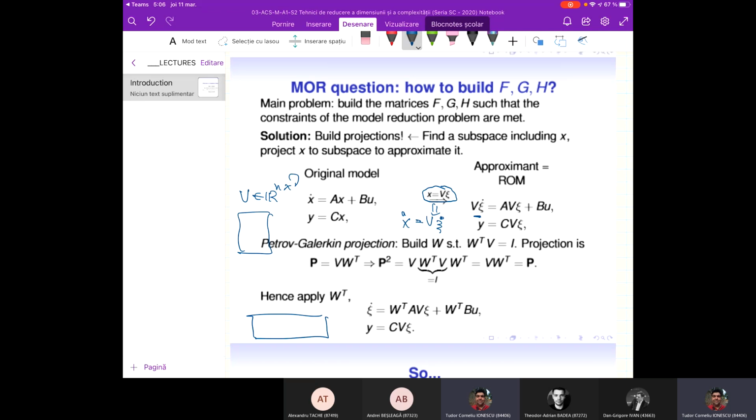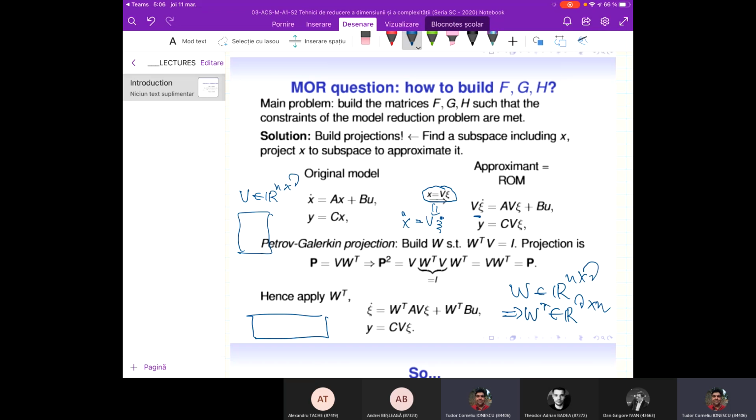W is also of dimension n times Ni, because then W transposed is of dimension Ni times n. So when you multiply them, they can be multiplied, because W transposed has n columns and V has n rows.